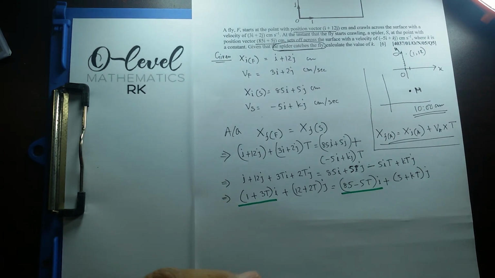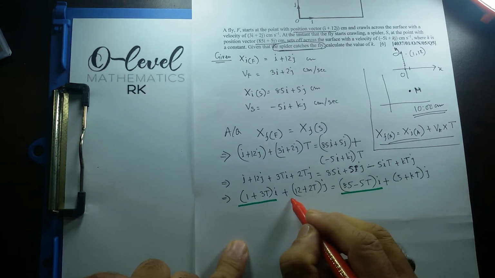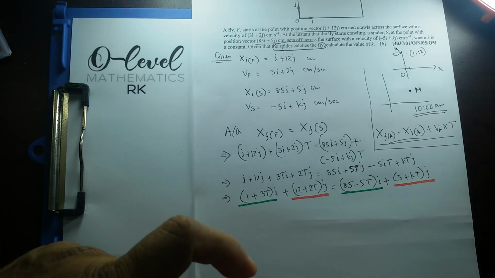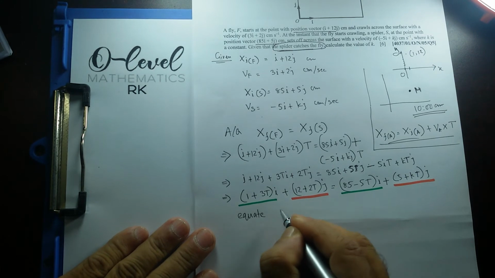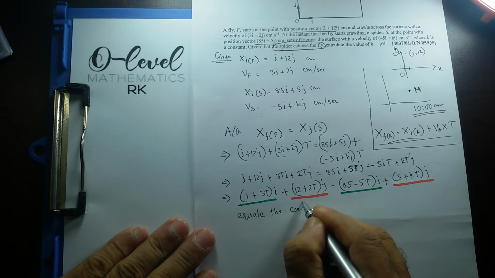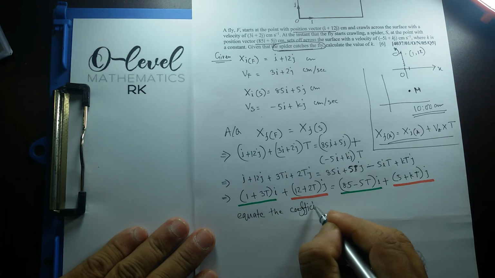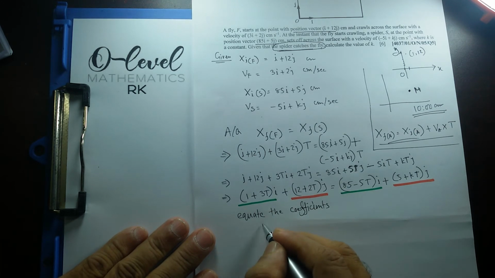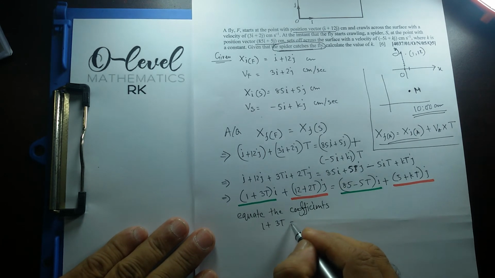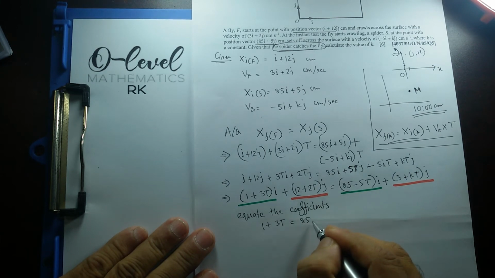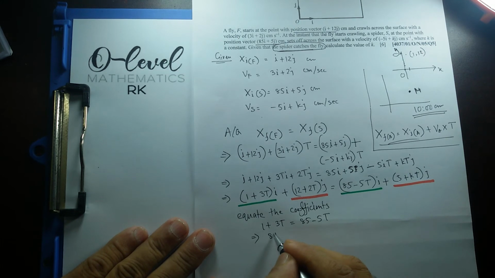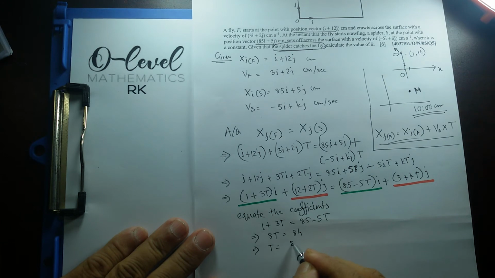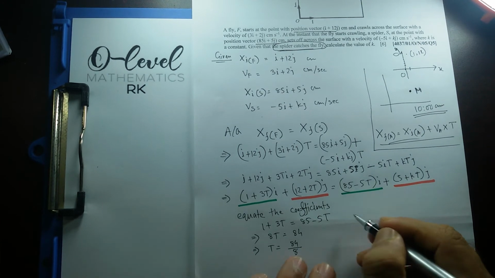Likewise, the coefficient of j on the left and the coefficient of j on the right. So equating the coefficients, I have 1 plus 3t equals 85 minus 5t. If I bring this over here, 8t equals 84, then t equals 84 divided by 8.